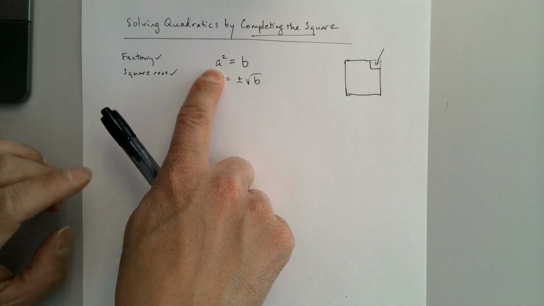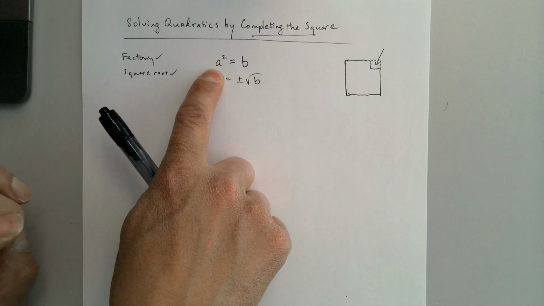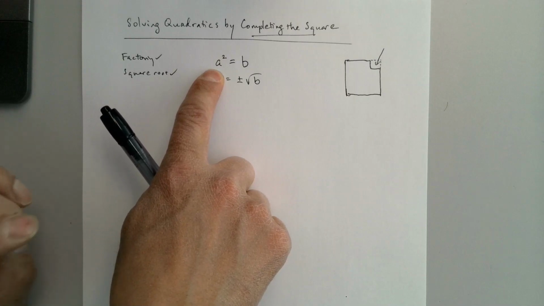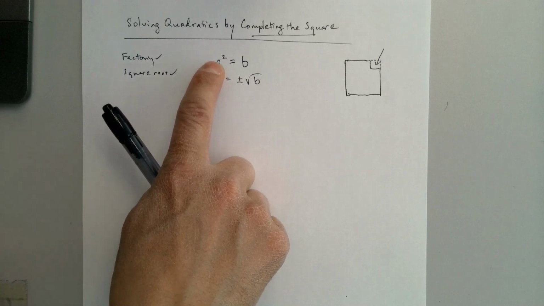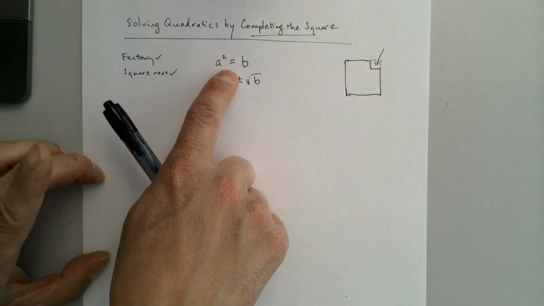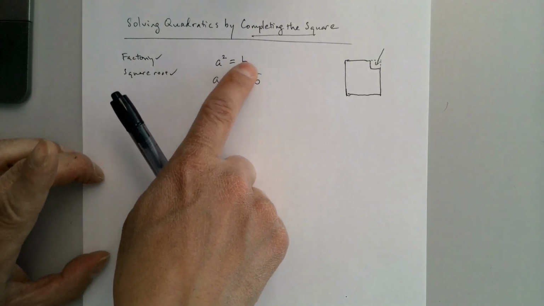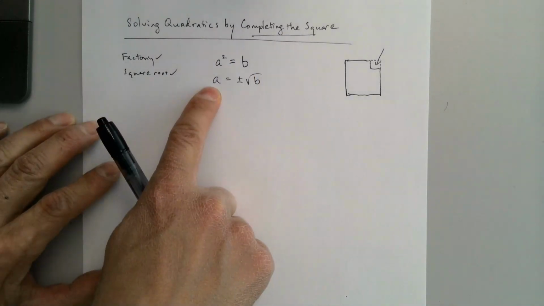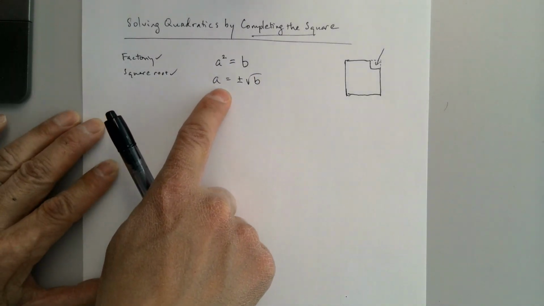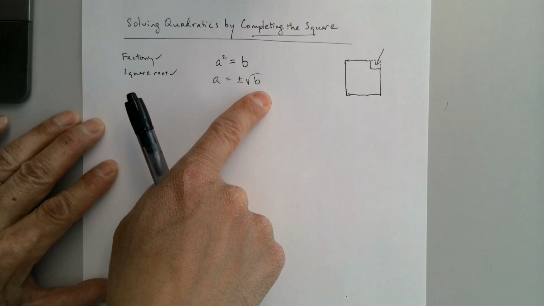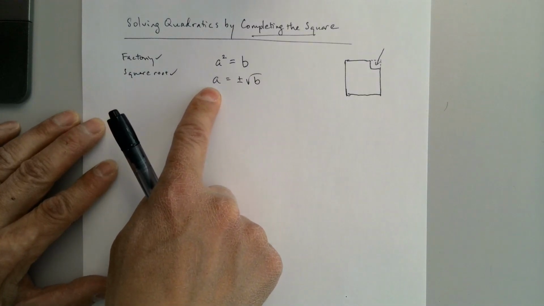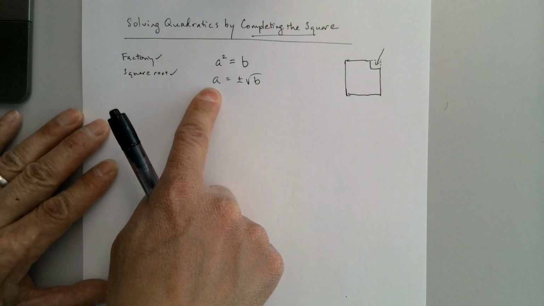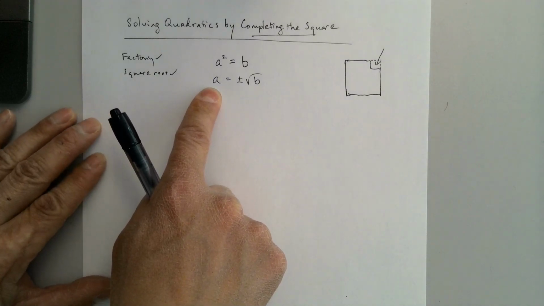I use a because it stands for anything, and I really mean anything. Anything squared, if anything squared equals b, then that anything is equal to plus or minus rad b. And that anything may or may not be a single variable. It could be a binomial. It could even be a trinomial. It could be anything.